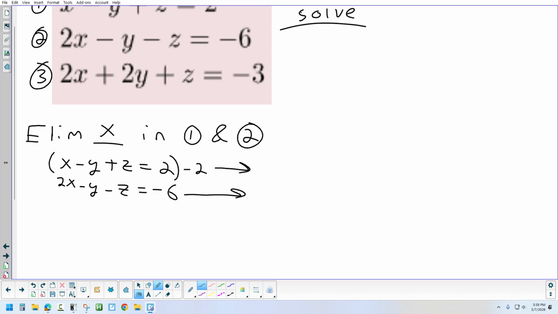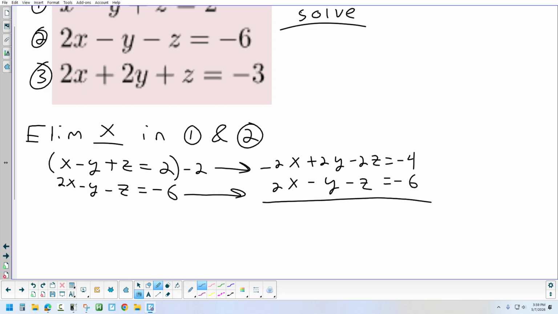Negative 2x plus 2y minus 2z equals negative 4. And the bottom one we're just going to copy. So 2x minus y minus z equals negative 6. And what happens when you add your columns up? x is canceled.